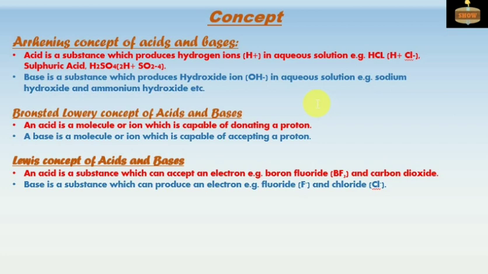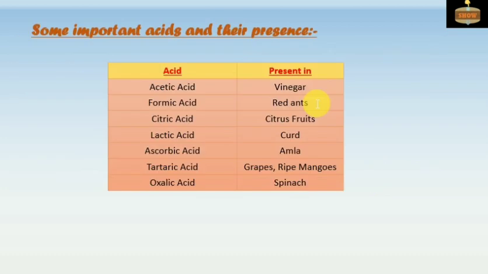Now let's see some important acids and where they are present, which are very important for exams. Many times you will see questions like which acid is present in vinegar, red ants, citrus fruit. Here is the answer.